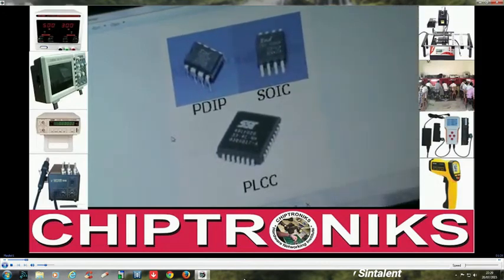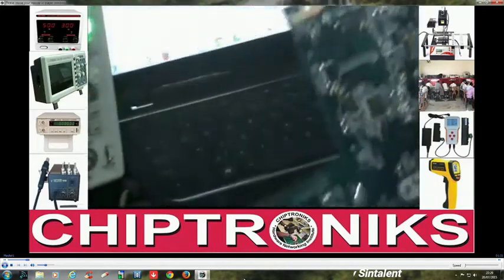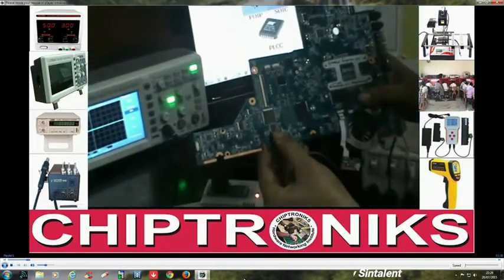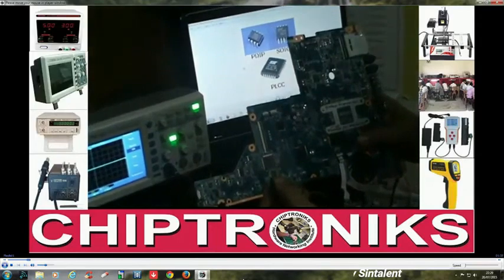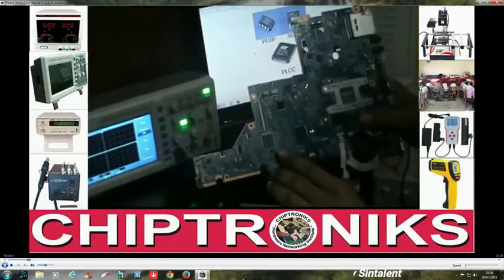Here I have one motherboard. It is CQ42. Here I will show you. This is the BIOS IC, this one.